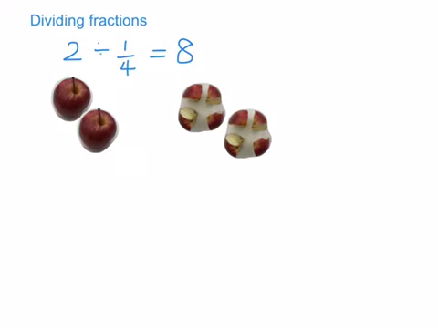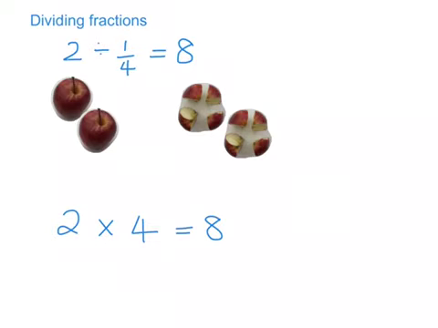So you might be able to see that we were dividing by 1/4. So here, 2 divided by 1/4, we ended up getting the number 8. That would be the same as saying, well, 2 multiplied by 4 is equal to 8.